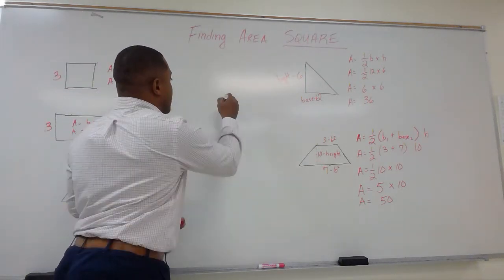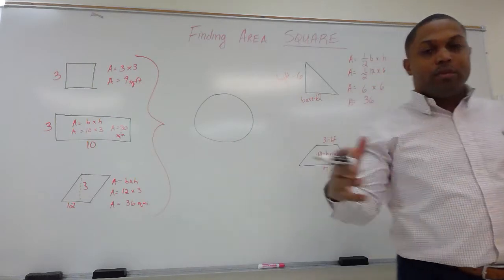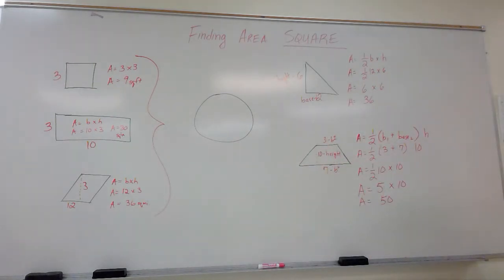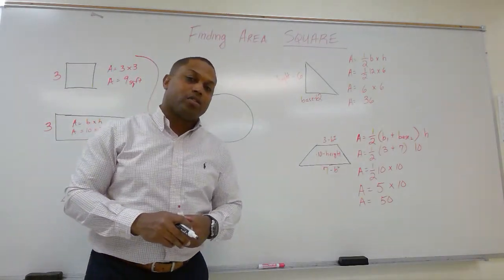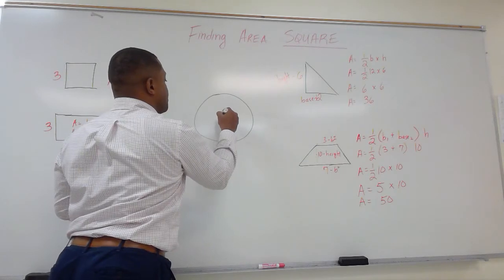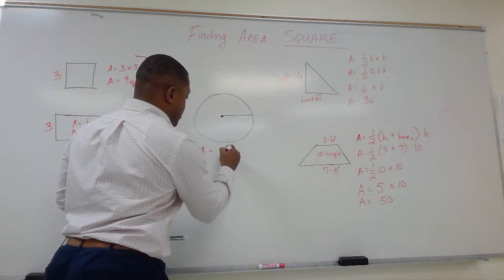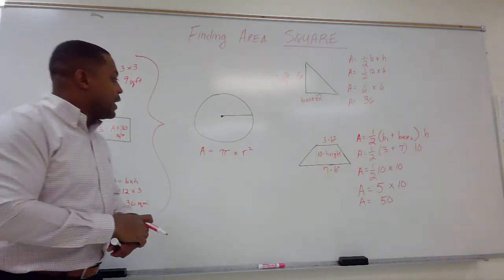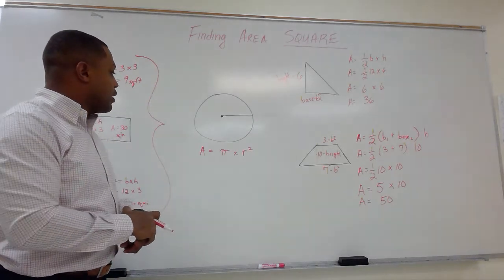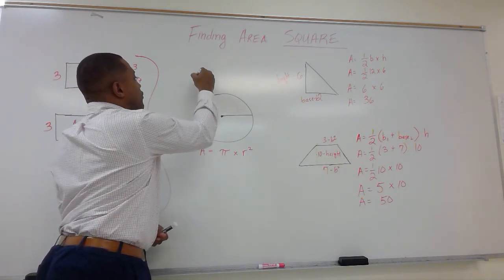As I look at my formula sheet that you will have while you take your test, it says that the area of a circle is pi times radius squared. To remind you, pi is 3.14.